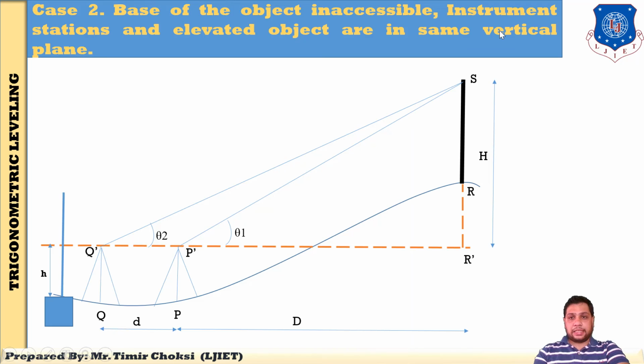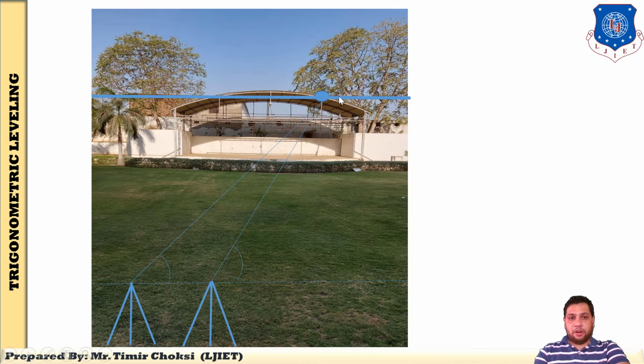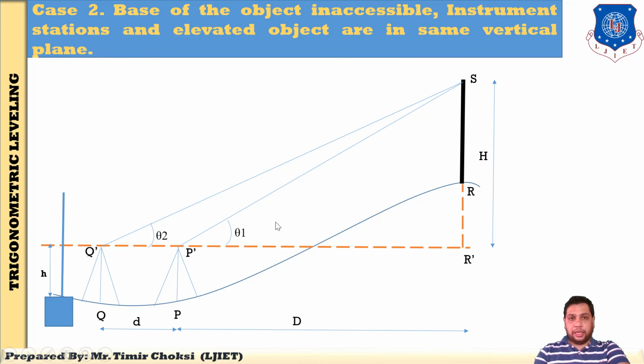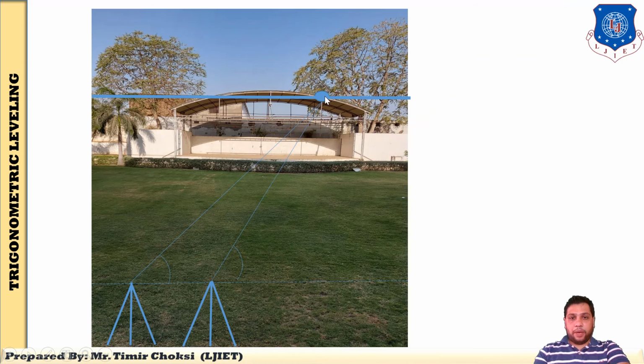The next line says the instrument station and elevated object are in the same vertical plane, meaning these are our elevated object and the instrument. Students, in cases number 2 and 3, when the base of the object is inaccessible and you have to find the height of the object, you use two instruments, not a single instrument.